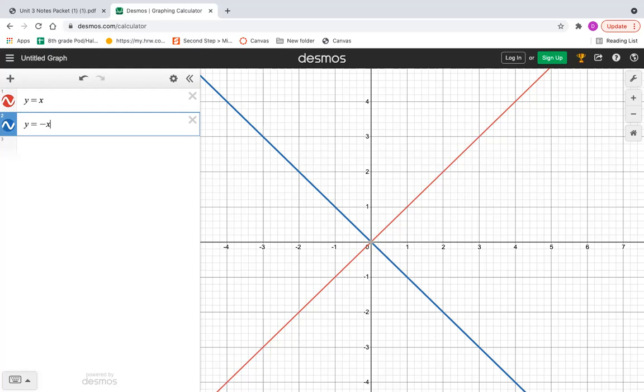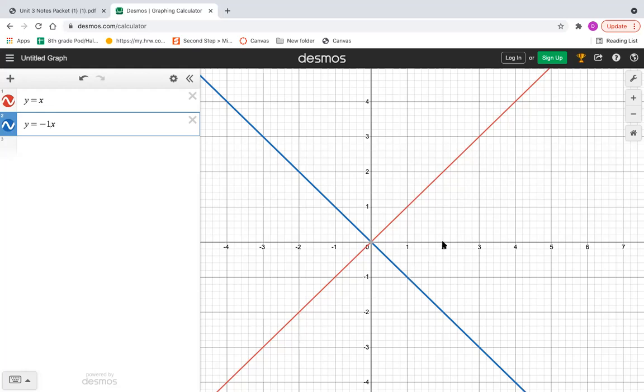Notice how it basically flipped our graph about the x-axis. So what was once going up is now going downward. The reason why is because this negative is making those values become negative. So what was once 1, at the x value 1, times a -1 is going to make it -1.